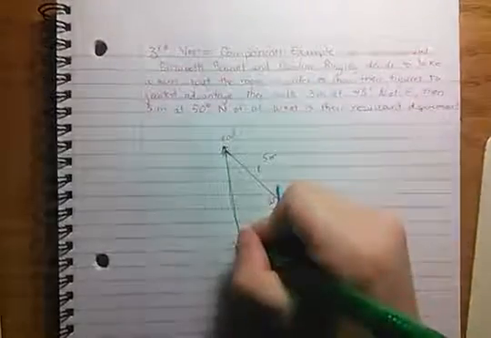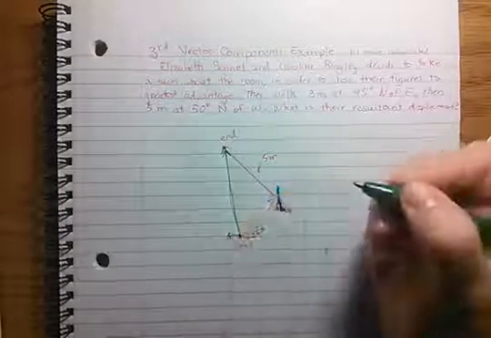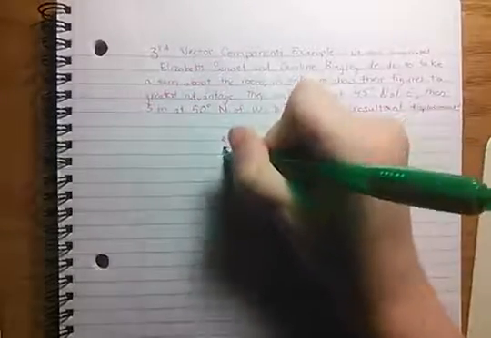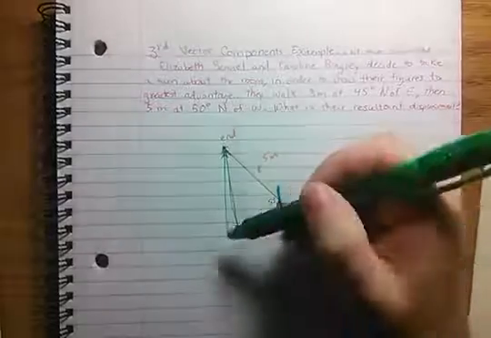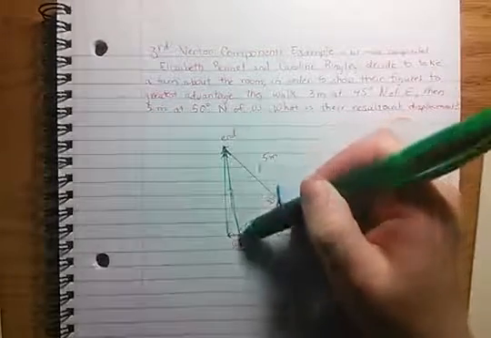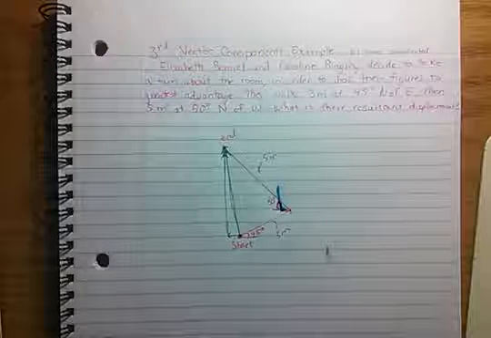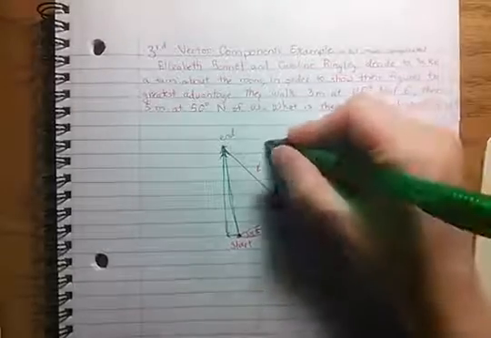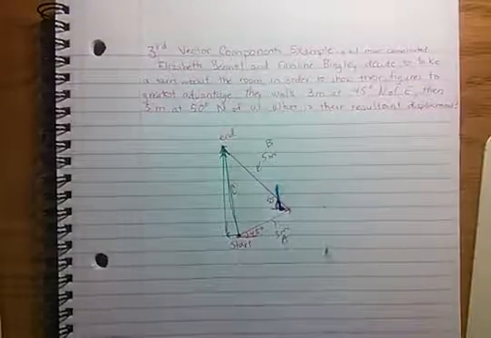It looks to me like from their starting point, they went this far in the x direction and then that far in the y direction. So essentially we're trying to figure out this triangle here. And that's pretty easy to do if we use components. So this is going to be our vector A. This is our vector B. And we'll call this vector C. That's our resultant vector.